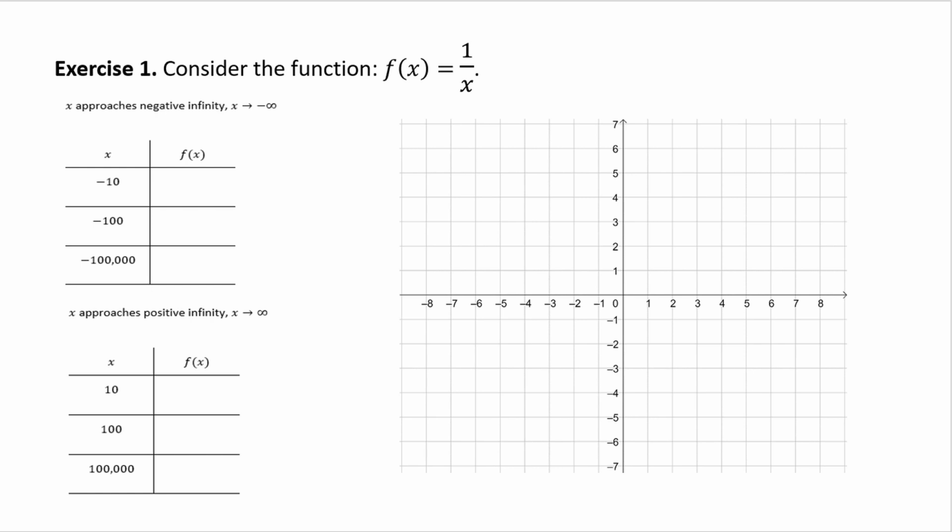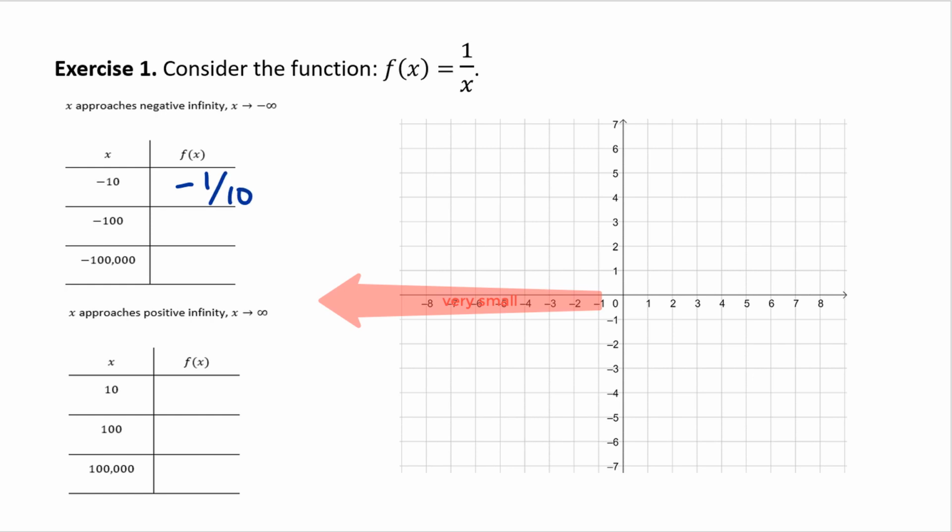So we previously determined that x cannot be 0, but let's see what happens if x gets increasingly large or increasingly small. Let's begin with x approaches negative infinity. What that means is your number is going to get greater and greater in the negative direction. Let's evaluate. At x equals negative 10 in the reciprocal function, it'll be negative 1/10.